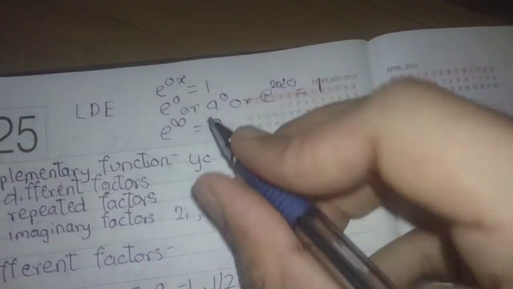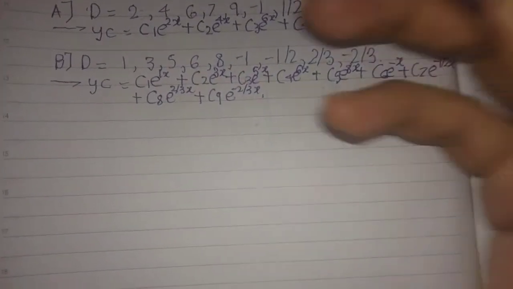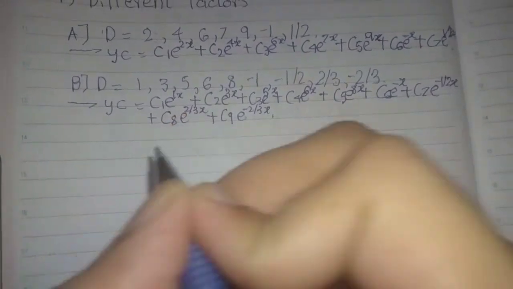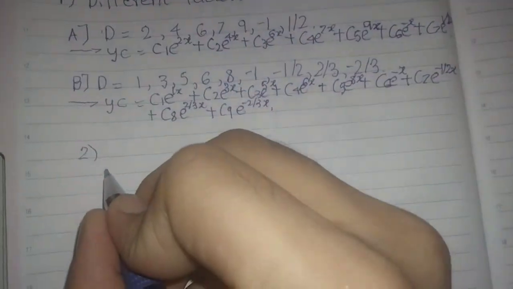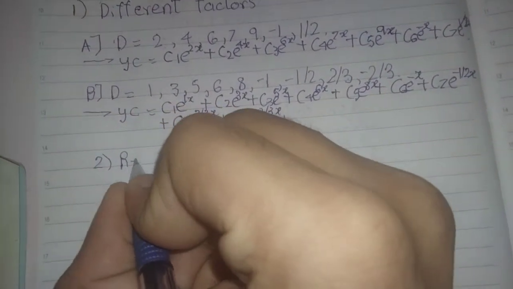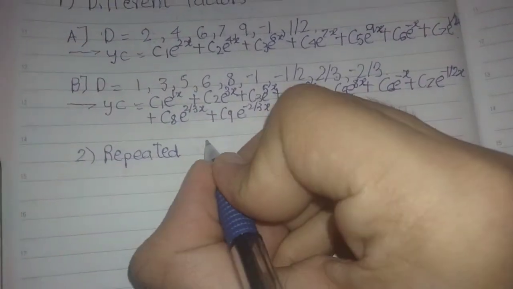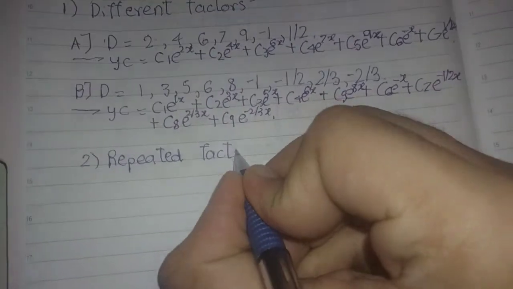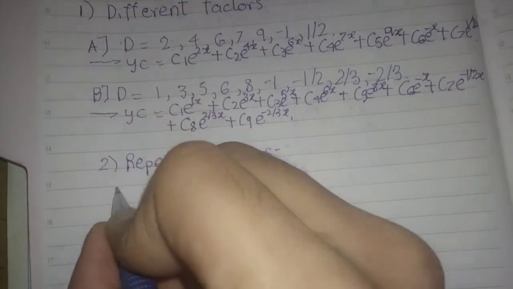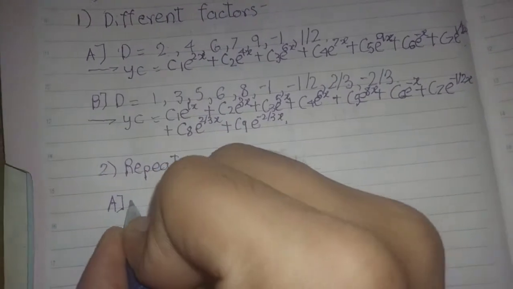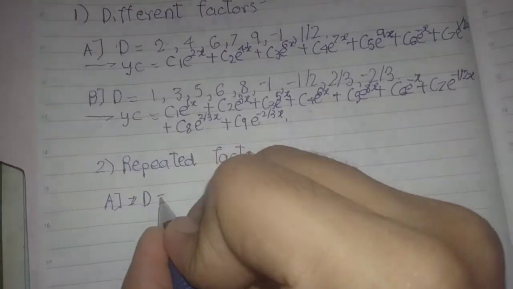Okay, so now we are going to solve the repeated factors. How are we going to decide that a term in the sequence we have been asked about is repeated?